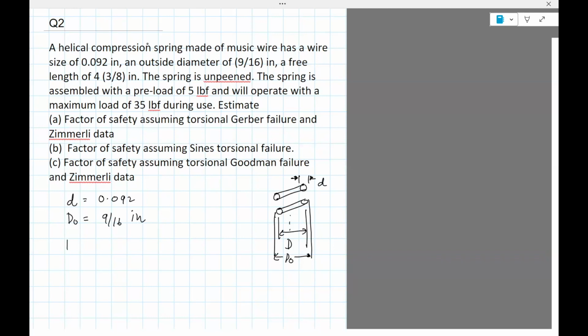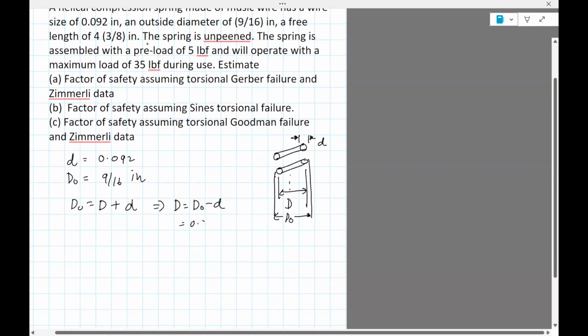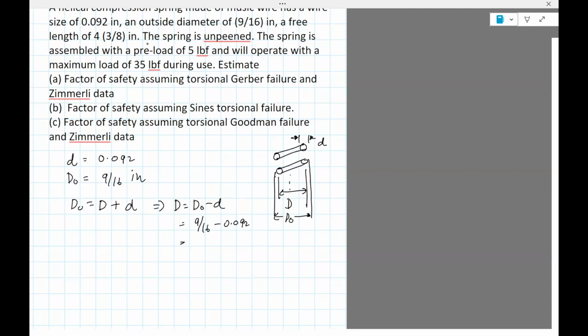And usually the calculations involve capital D. So we know that just from this figure, you can see that DO is the nominal diameter plus d. And so it's easy to compute D. It is DO minus d. So that comes out to be 9/16 minus 0.092, which is 0.4705 inch.